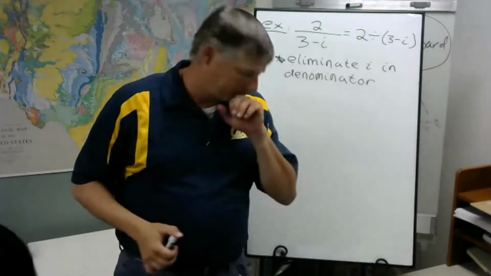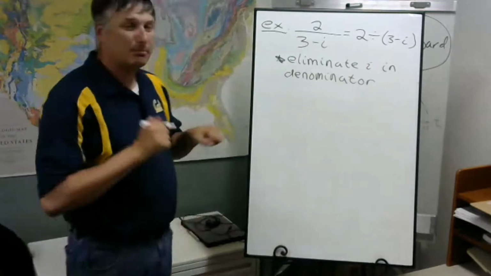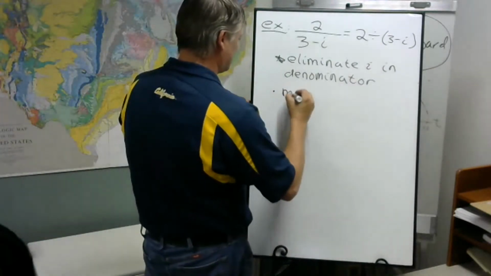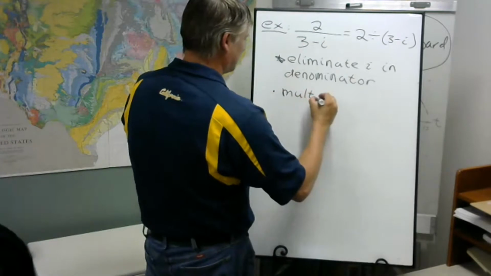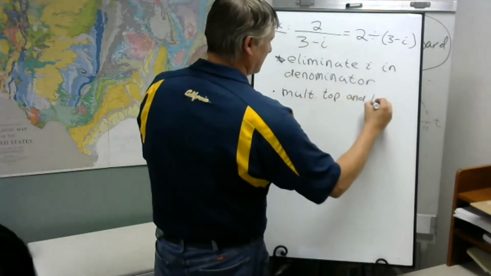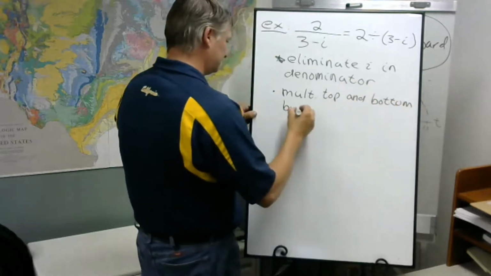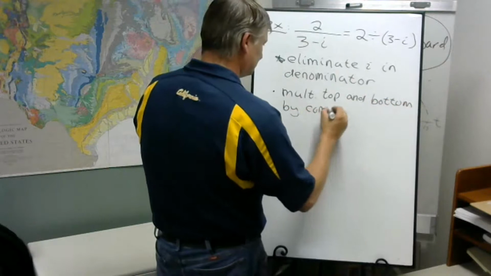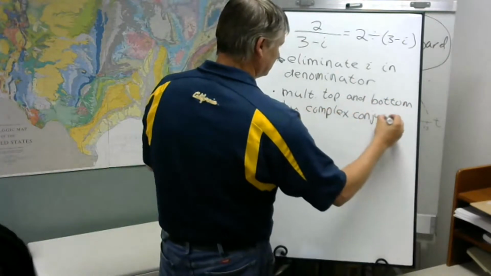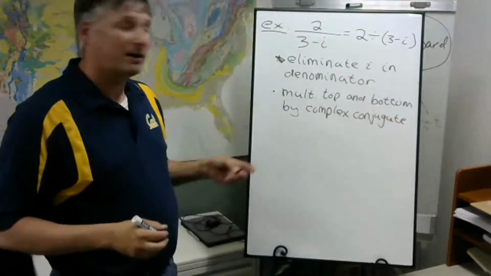Now, how do we do that? Well, what we're going to do, we're going to multiply by what's called the complex conjugate. I want to multiply top and bottom by the complex conjugate.